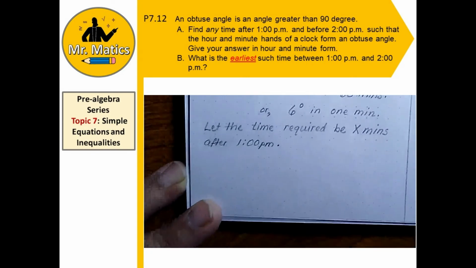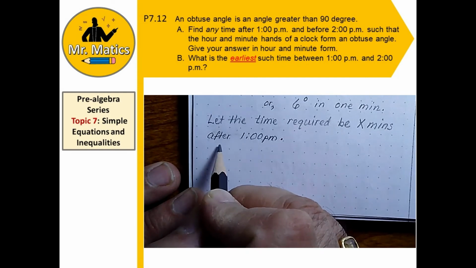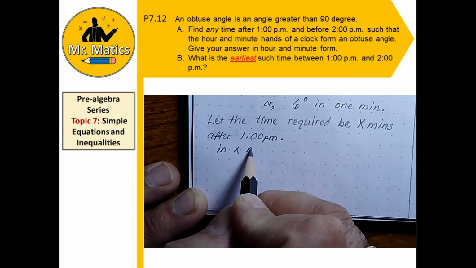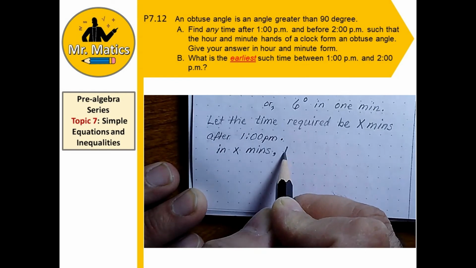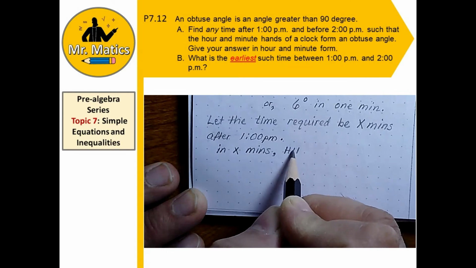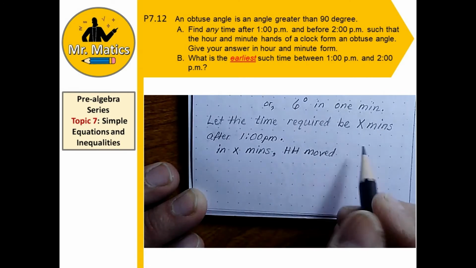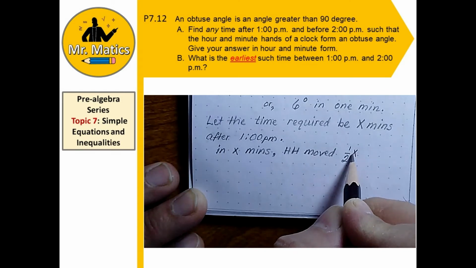So let's just write it down. In x minutes, HH moved half times x degrees.